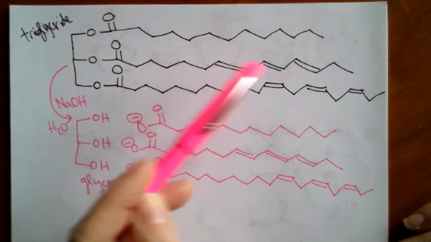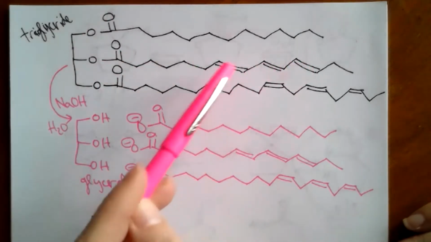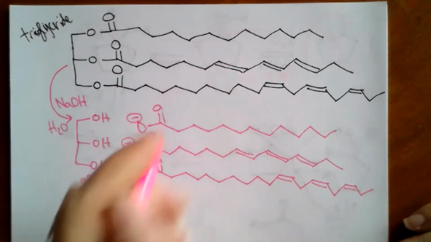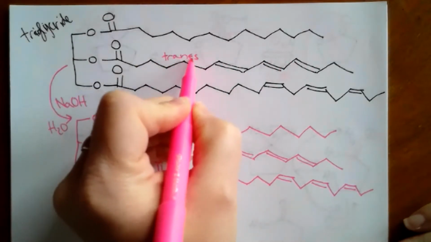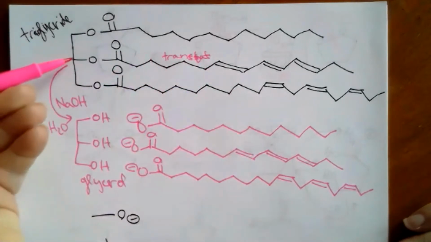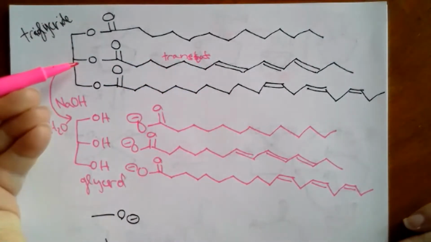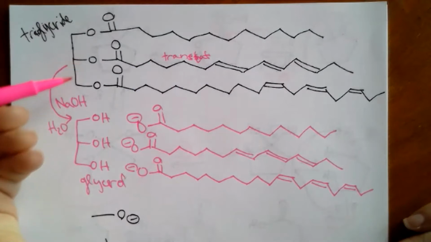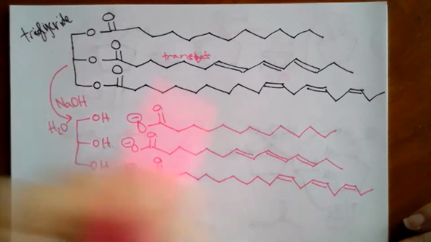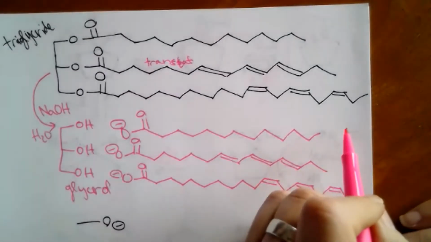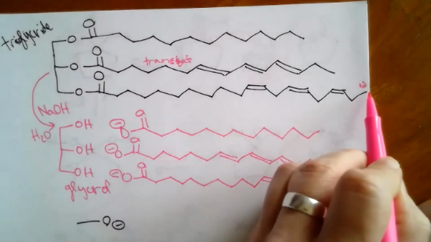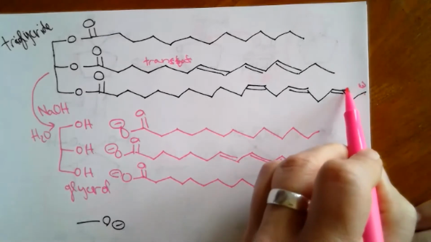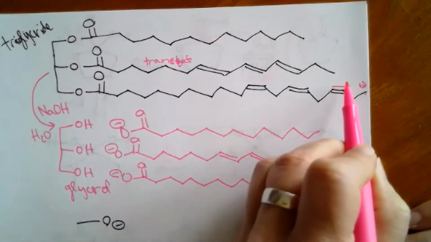Delicious. These that have unsaturated chains are likely to be oils at room temperature. This guy has a bunch of trans double bonds. This is what the marketing industry calls a trans fat. If there are 3 chains that all have trans double bonds, trans fat. This is officially called an omega-3 fatty acid because the end of the chain is the omega. Count back 3 carbons and you've got a double bond.